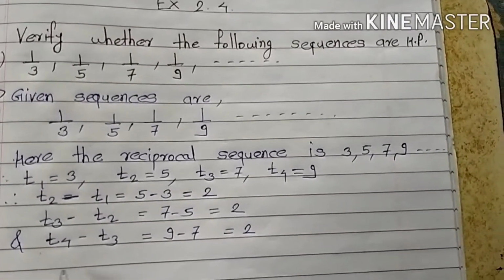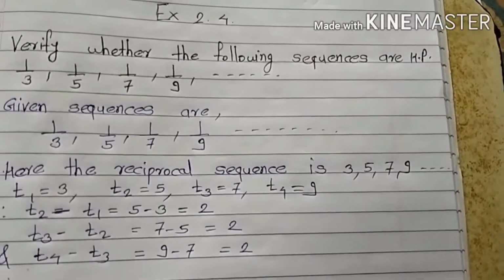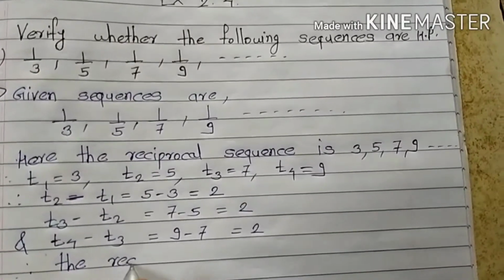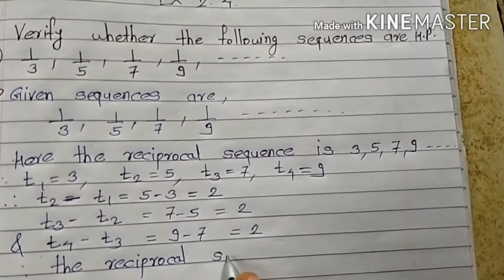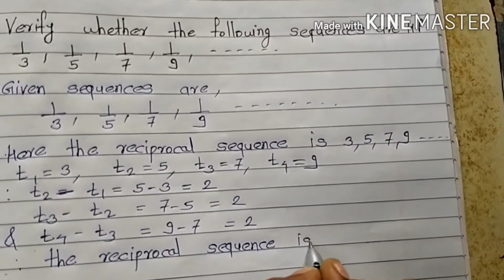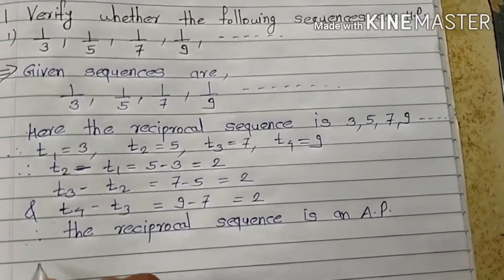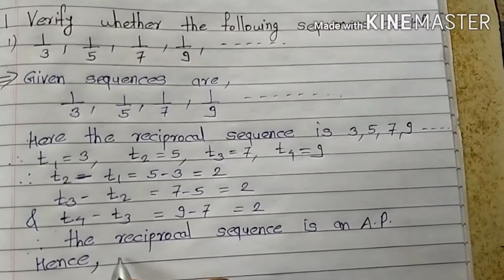Means all these differences are constant. So the reciprocal sequence is an arithmetic progression, and hence the given sequence is HP.